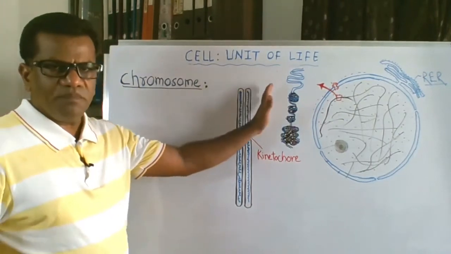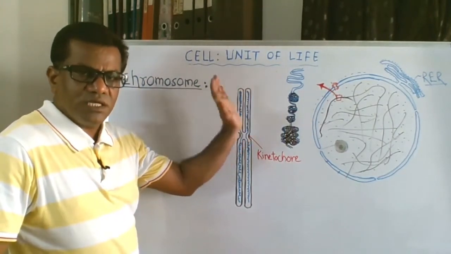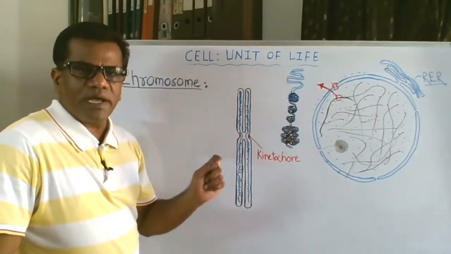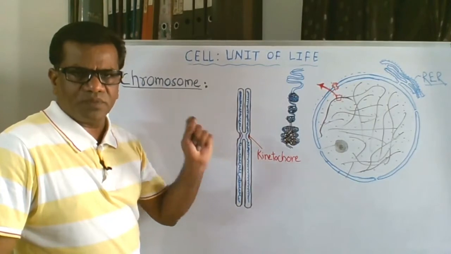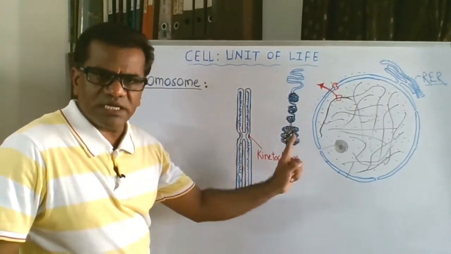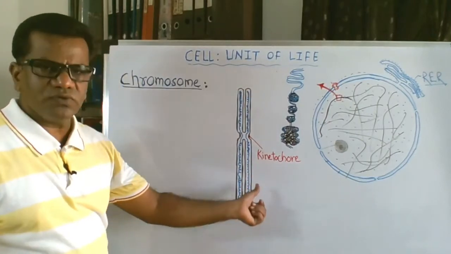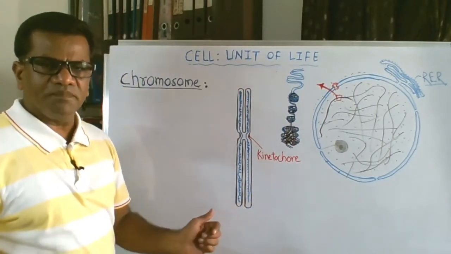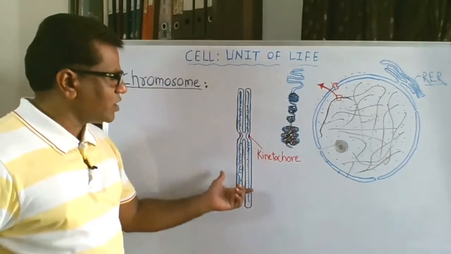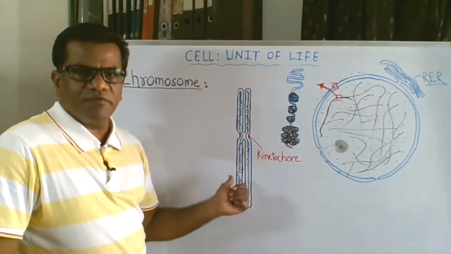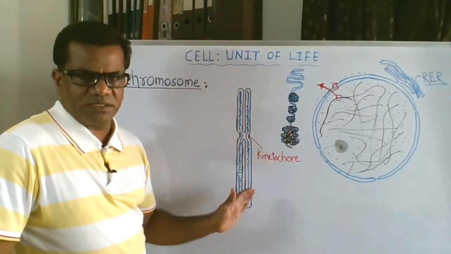Initially, in chromatin material, one chromatin has one DNA, a single DNA, but here this chromosome is having 2 DNA, so it is already a chromosome ready for cell division, it is ready for breakage.